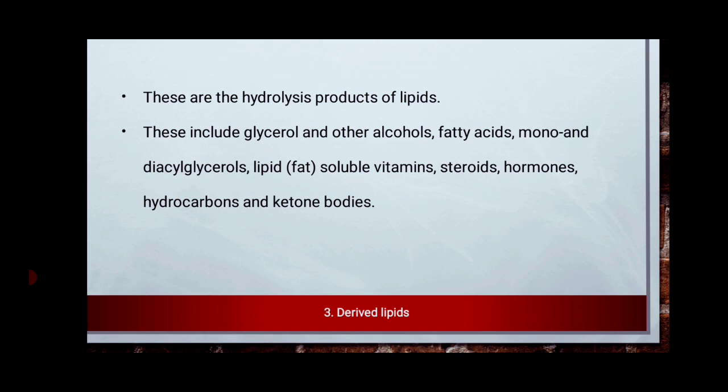Let's talk about the derived lipids. As the name indicates, these are derived products of lipids. They are not basically lipids, but they are derived products of them. So these are hydrolysis products of lipids. On hydrolysis, the lipids produce these kinds of products.